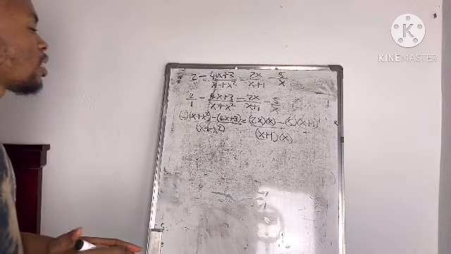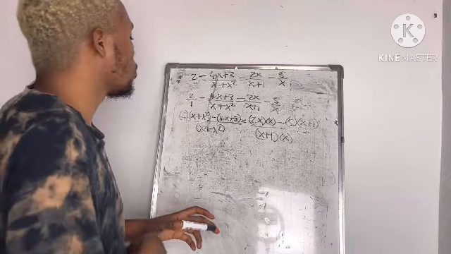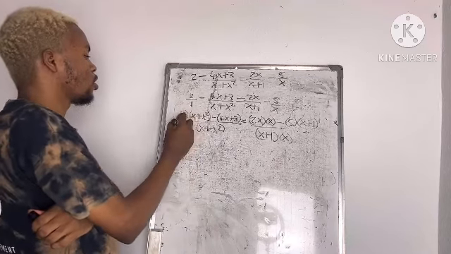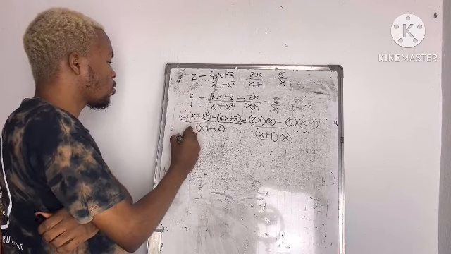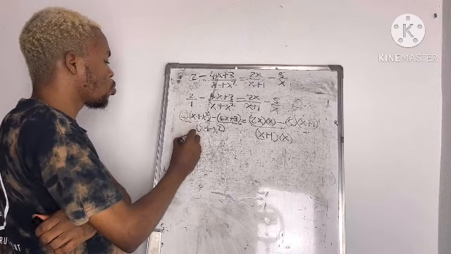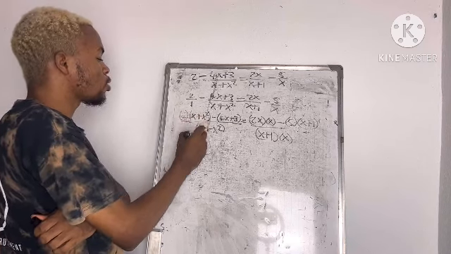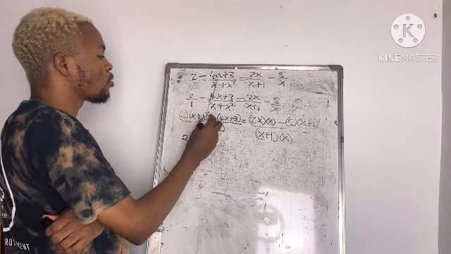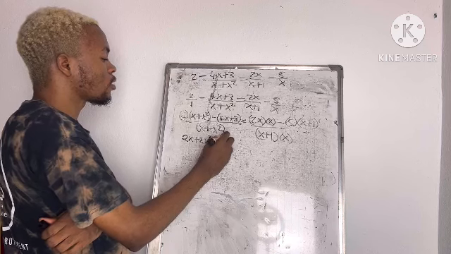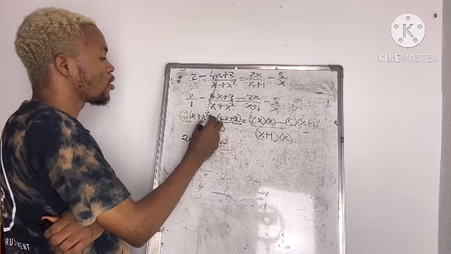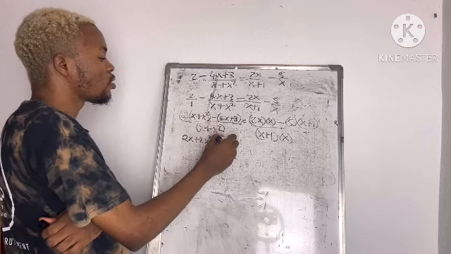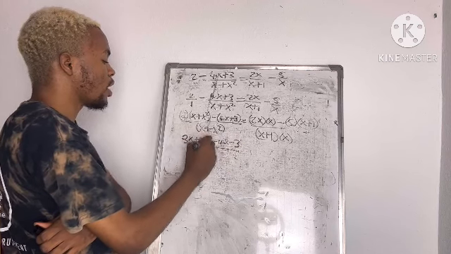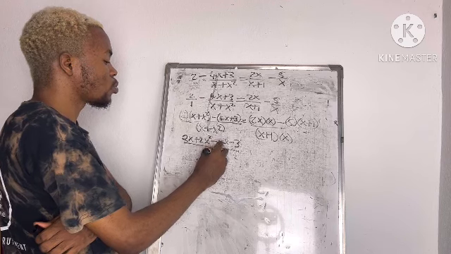Okay, now the next thing we got to do is from here 2 times x, you have 2x, 2 times x squared, you have plus 2x squared minus 4x, minus times 3, you have minus 3, all this divided by x plus x squared.